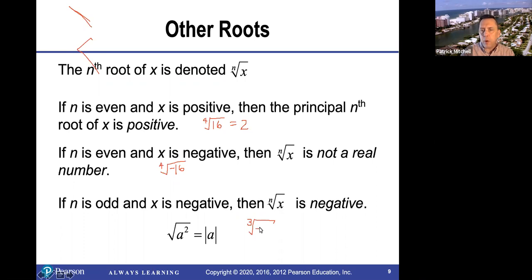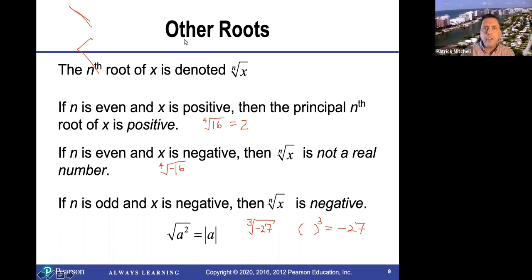So I'm looking for a real number that when I raise it to the third power, I get negative 27. So because this exponent is odd, it is possible for an odd power to be negative. Okay? And in fact, this happens when the mystery number being cubed is negative 3.